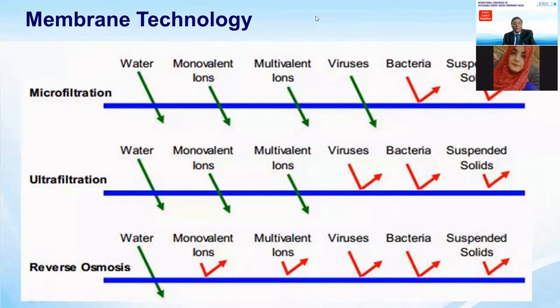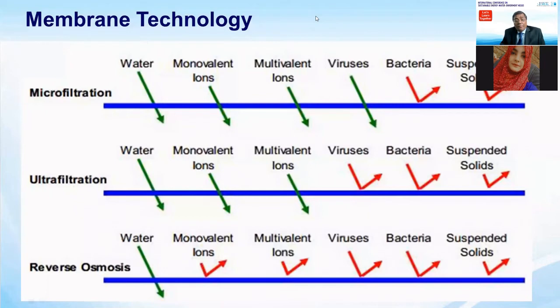The same is the case when you go for the ultrafiltration membrane. They will pass the water, monovalent and divalent ions. Basically, monovalent and divalent mean calcium, magnesium, sodium, potassium, sulfate, nitrite, nitrate, whatever the composition of water is, all dissolved minerals will pass through that membrane, and virus, bacteria, and suspended solids we can remove.